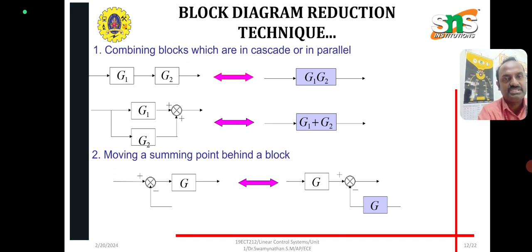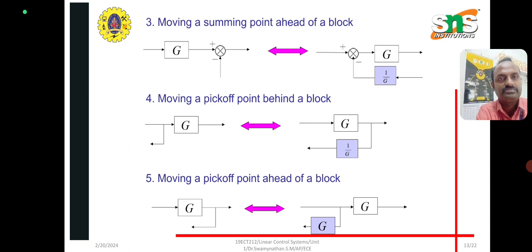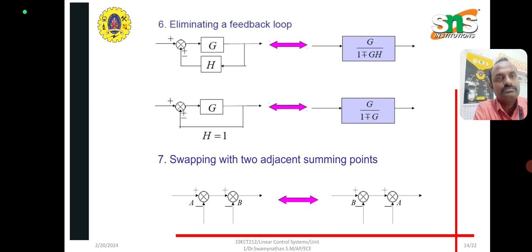Moving the summing point ahead of a block means G, and moving it before means 1 by G. Moving a pick-off point behind the block means dividing by G, and moving a pick-off point ahead of the block means G. Eliminating a feedback loop is G divided by 1 plus or minus GH, and when H equals 1, it is G divided by 1 plus or minus G. Swapping means plus minus AB is the same as plus minus BA.